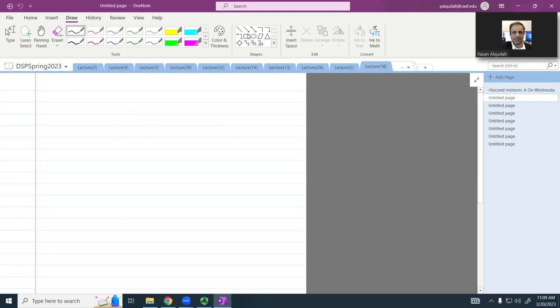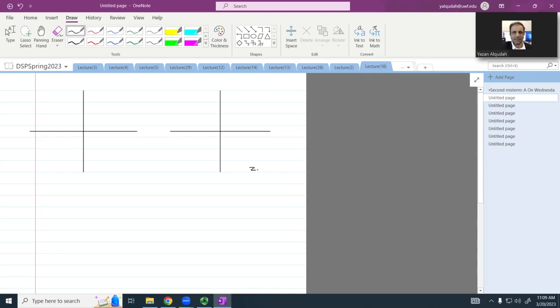So if I were to plot the S domain and the Z domain, and see how different frequencies are mapped.